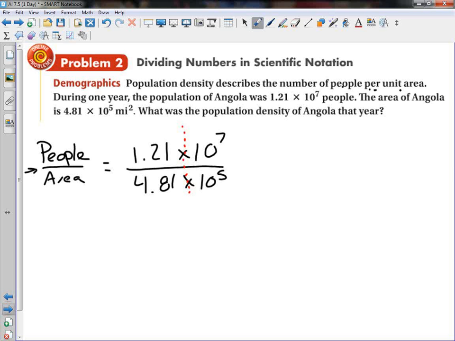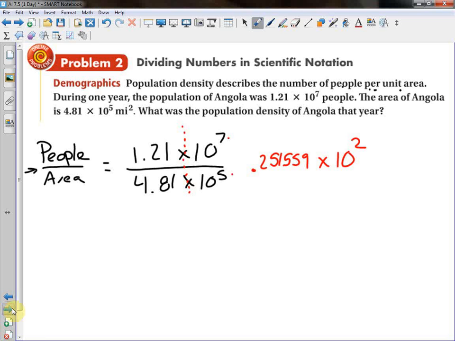On the left side, we're going to get 0.251559. On the right side, when I divide these two bases, we subtract, so I get 10 to the 7 minus 5, which is 2.